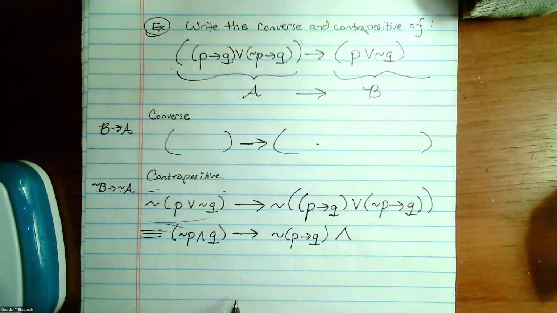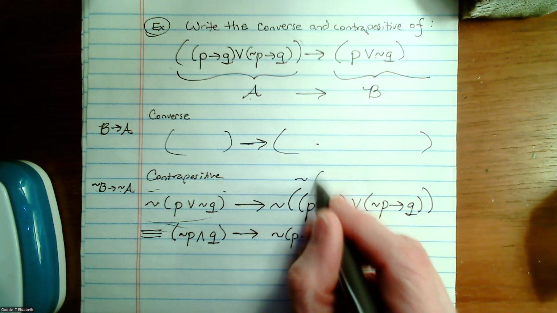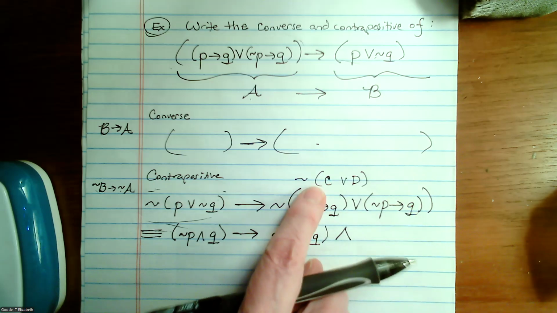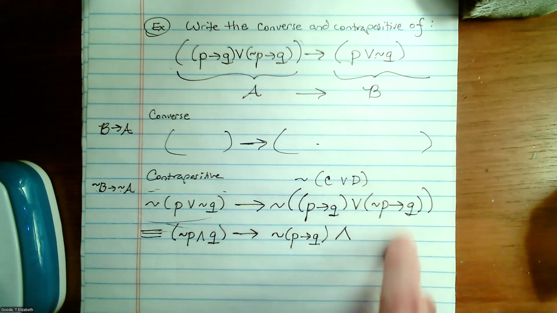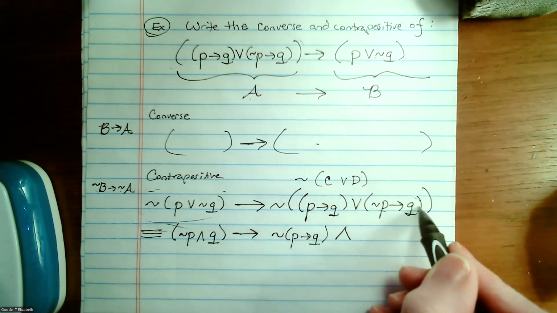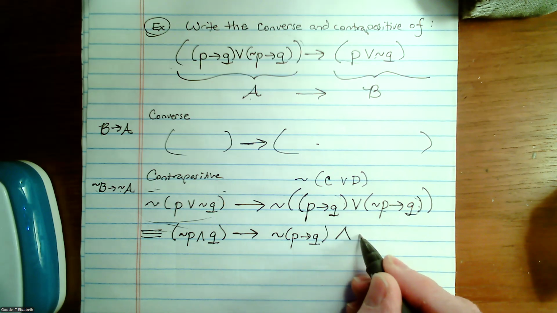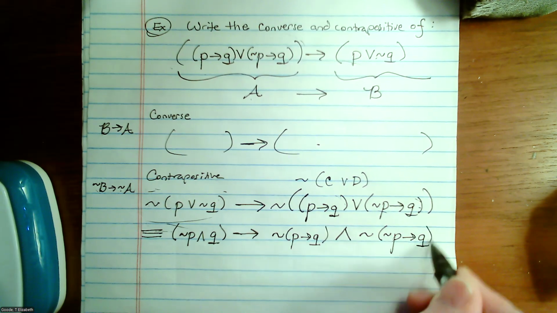Because this whole thing is a component. This is like a not C or D. So we have a not C and a not D. You know, this is our D, this is our C. You know what I mean? And then not P implies Q.